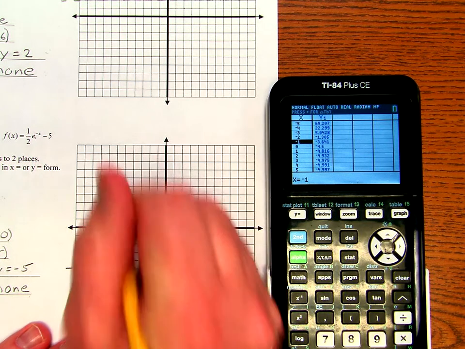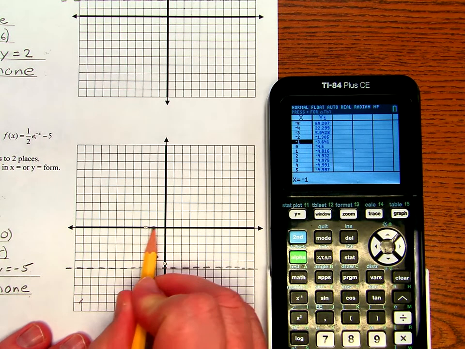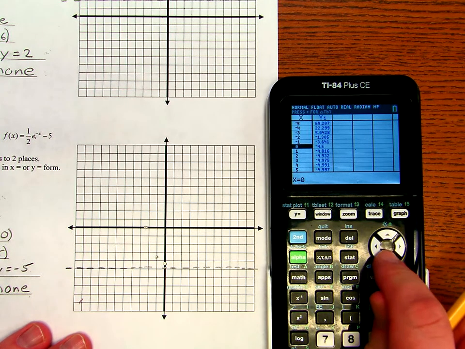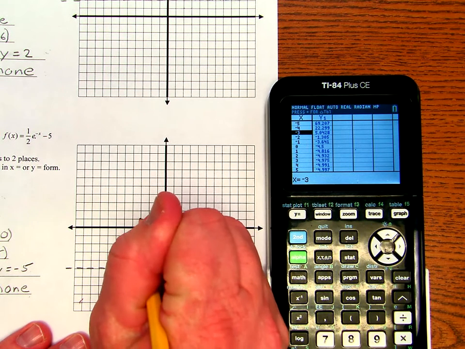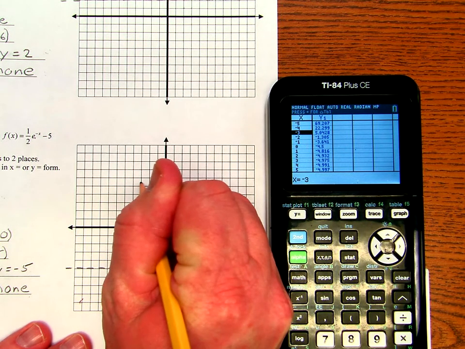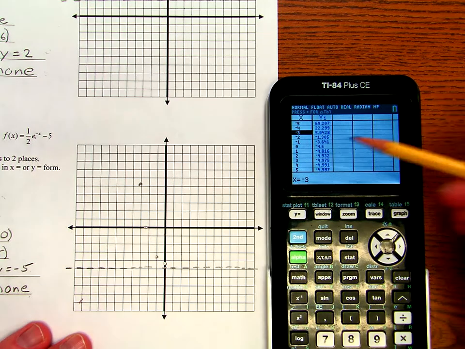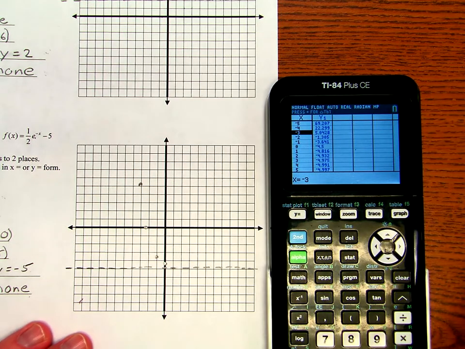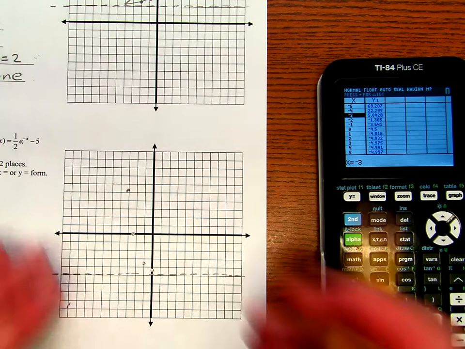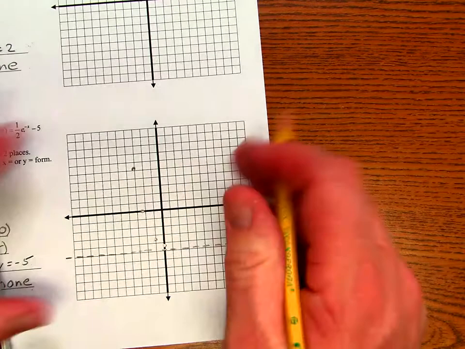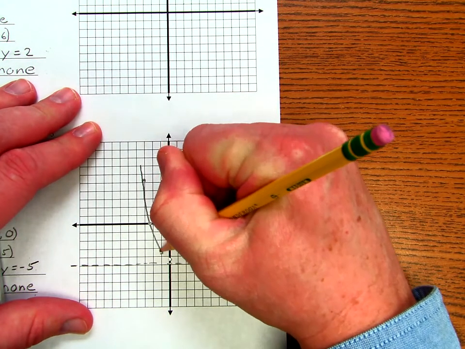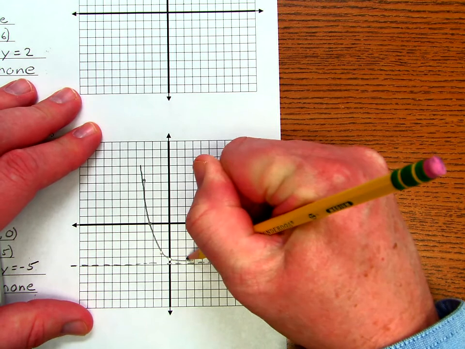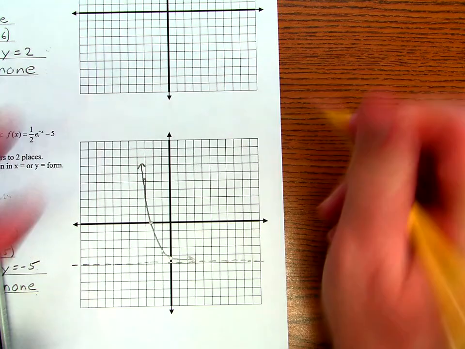And we'll get a point or two up in this neighborhood. So at like negative 3, we are at a little over 5. And it looks like we're not going to fit anything else because we jump up to 22. So as far as meaningful points, that's the best we're going to be able to do. Draw in our smooth curve, show it approaching the asymptote, put the arrows on each end. That'll be good.